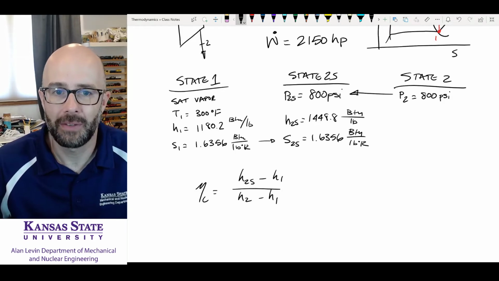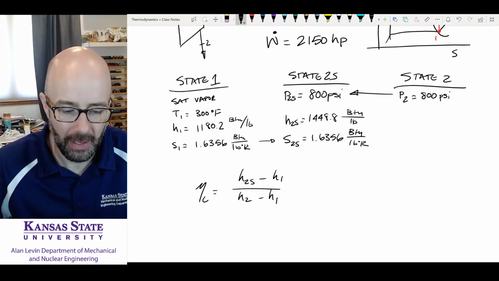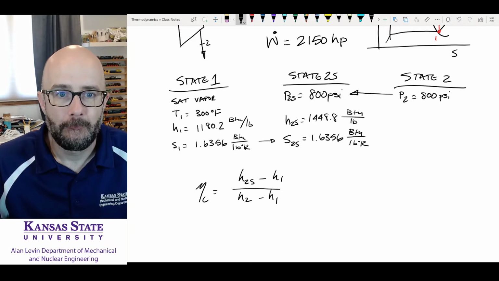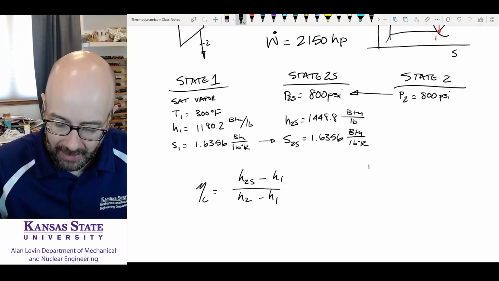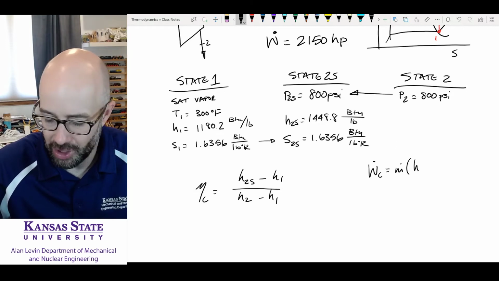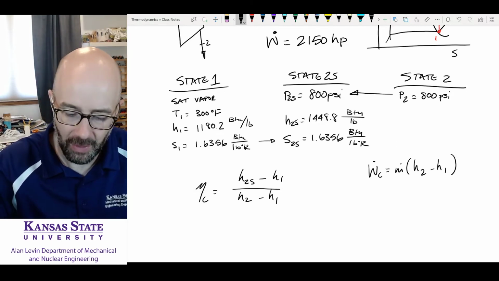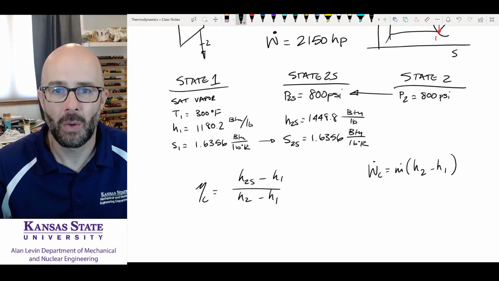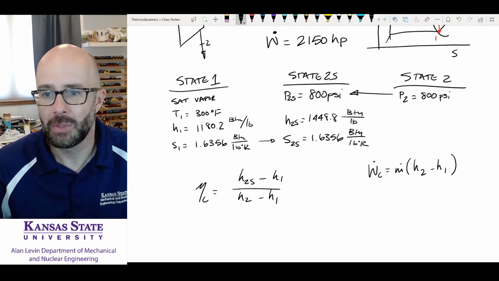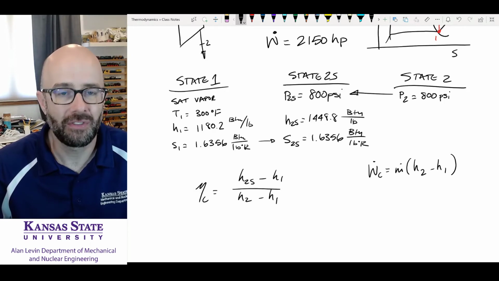Okay, we could find out what H2 is because we know that W dot of the compressor is equal to M dot times H2 minus H1, and they tell us that's 2150 horsepower. Since we know H1 and we know M dot, we can find H2.